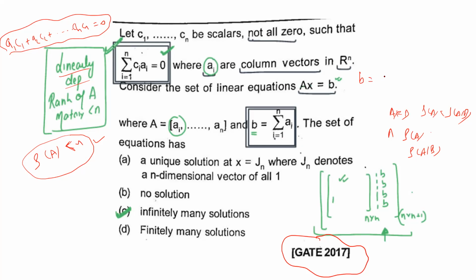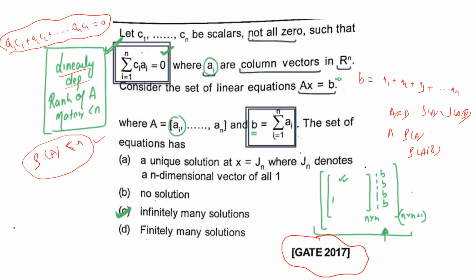B can also be written as A1 plus A2 plus A3 up to An. C1 A1... infinite number of solutions. I think there is no solution.